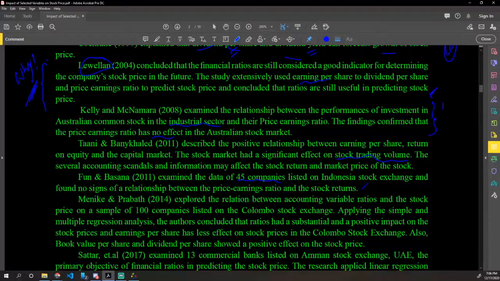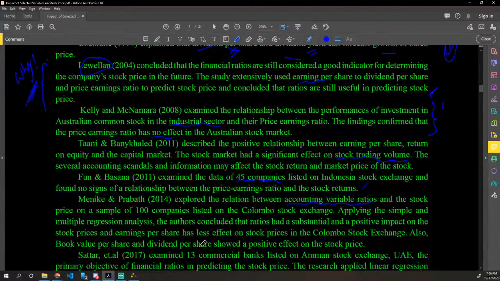Okay, so Manikandan 2014 explores the relationship between accounting variable ratios and stock prices on a sample of 100 companies listed on the Colombo Stock Exchange. Applying simple and multiple regression analysis, they concluded that the ratios had a substantial and positive impact on stock prices, and EPS has less effect on stock prices.